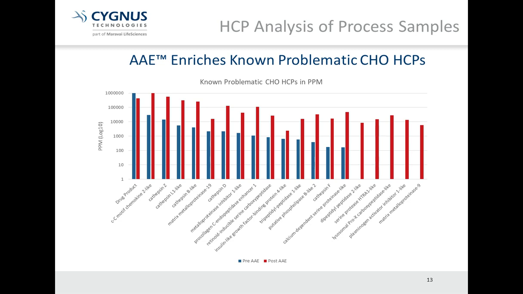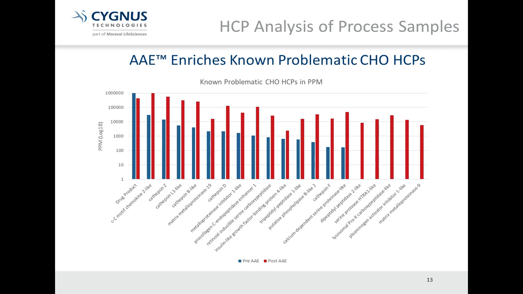Can you please explain? Oh, I'm not really sure what that question is asking. All of this is mass spec data, and it's relative to the most abundant protein. So again, the blue bars are each of these proteins detected by mass spec without doing AAE, and the red bars are doing protein identification post AAE. Okay.